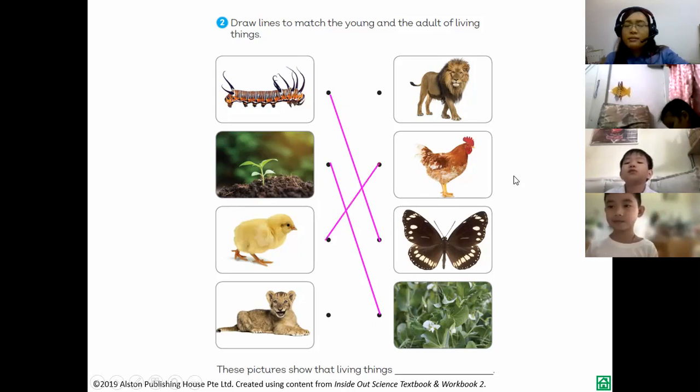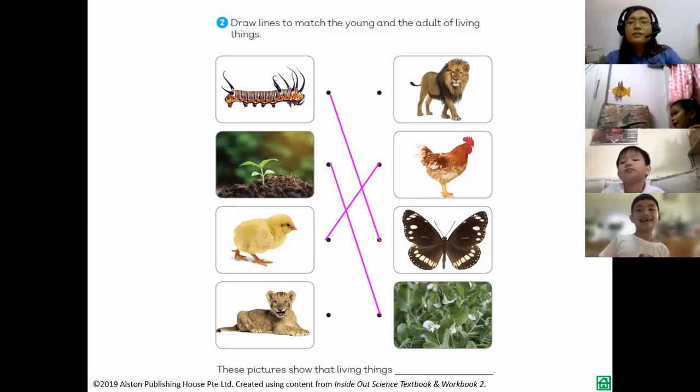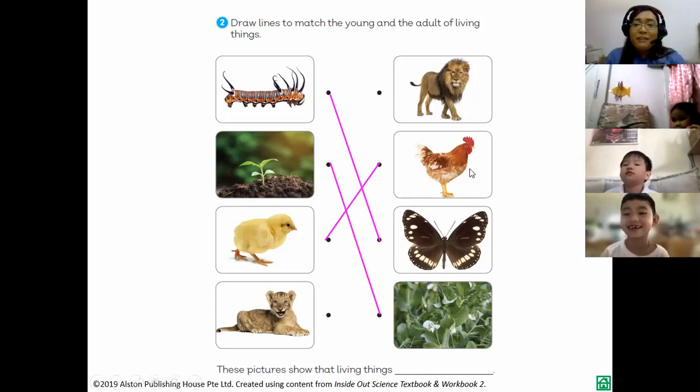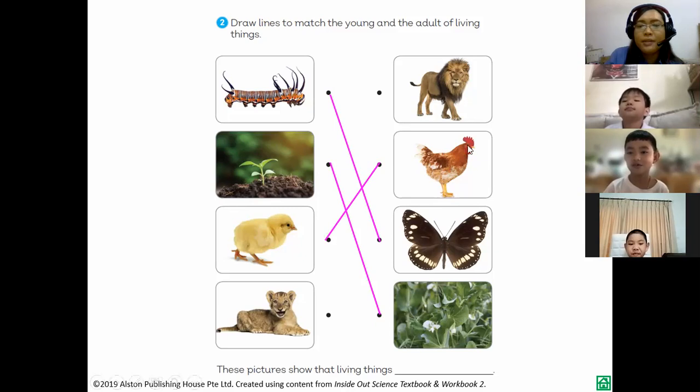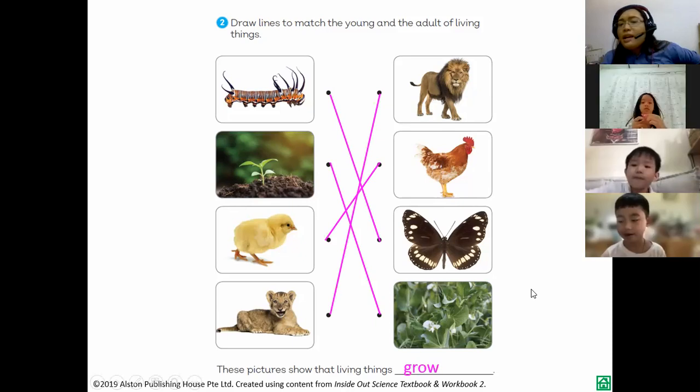By the way, what do you call a female chicken? Okay, the female chicken is called hen, H-E-N, hen. And what about this one, lion, number 1. Okay, good job.